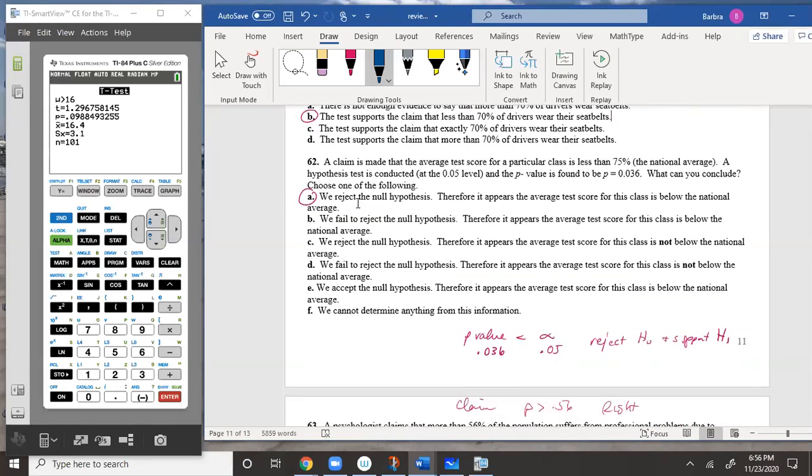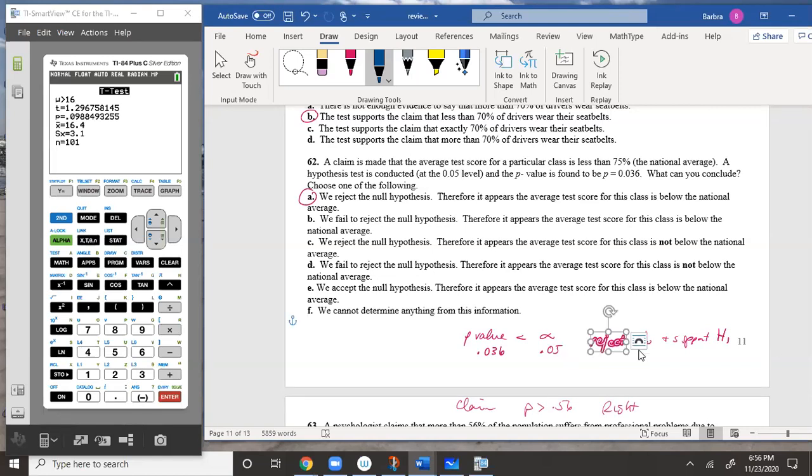In 62, a claim is made that the average test score for a particular class is less than 75%, which is the national average. A hypothesis test is conducted at the 0.05 level. The p-value is 0.036. What can you conclude? So we compare the p-value with 0.05, that's alpha. 0.036 is smaller than 0.05.